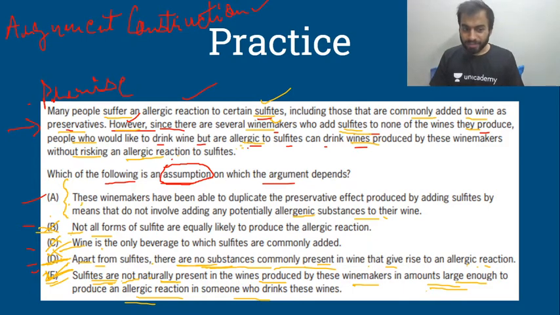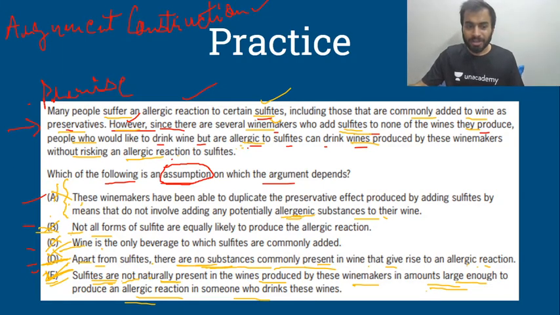Right? So therefore, now understand that this was the case with A as well. Just like D, A was talking about other substances that are not potentially allergic substances, right?